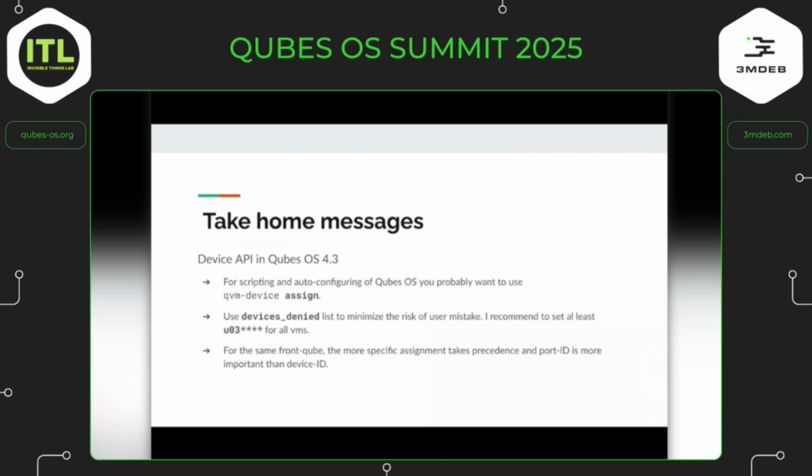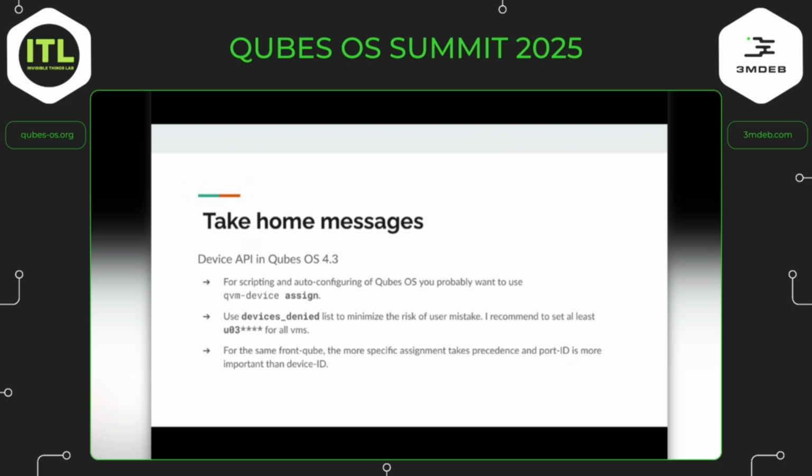And take-home messages, device API in Qubes OS 4.3. For scripting and auto-configuring of Qubes OS, you probably always want to use the assignments, not the attachment. We should use device denied list to minimize the risk of user mistakes.